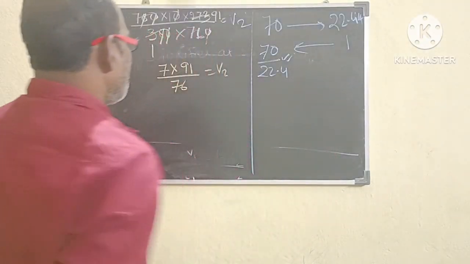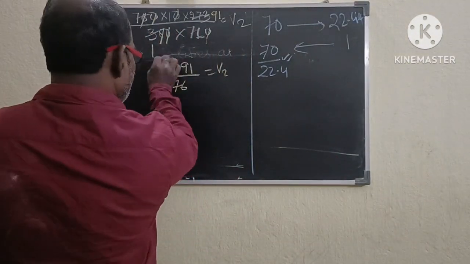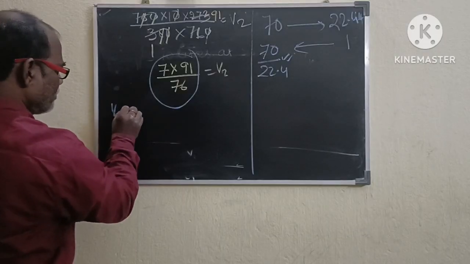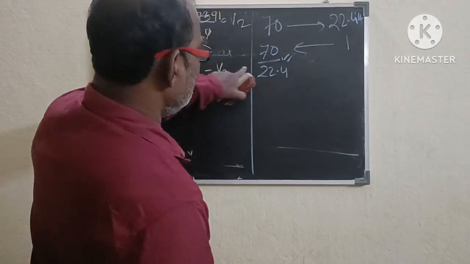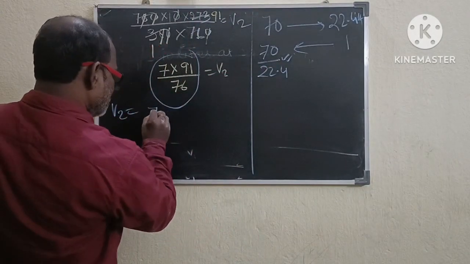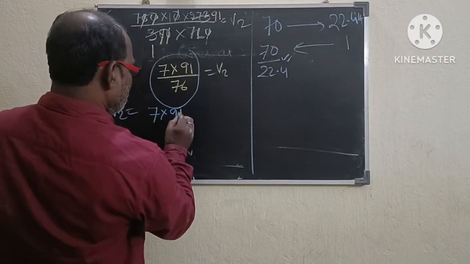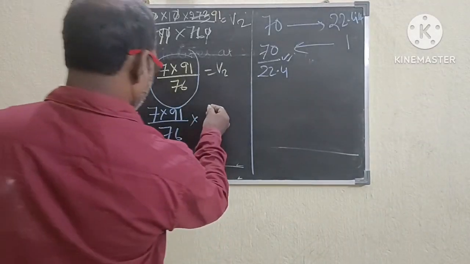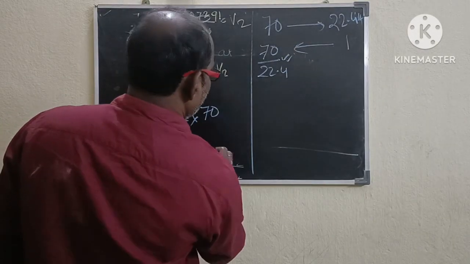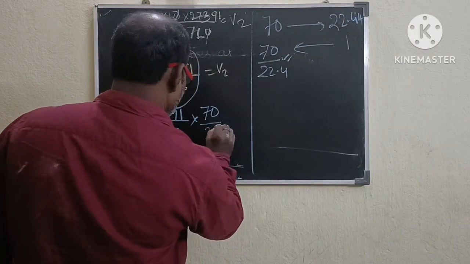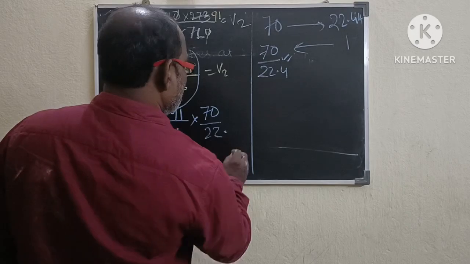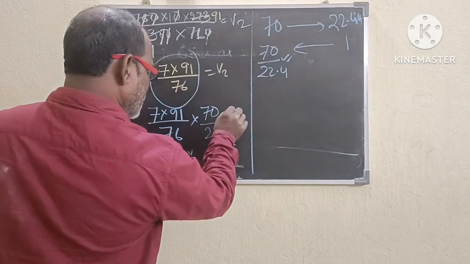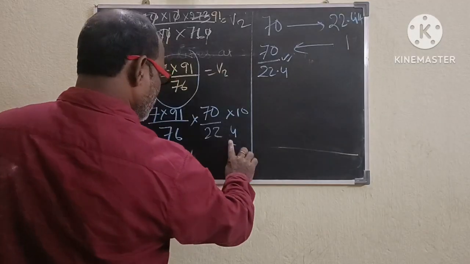So we are having how many liters? We are having this much liters. So total V2 will be equal to this much into this. That is 7 into 91 by 76 into 70 by 22.4. Clear? Now if you take a point from here, multiply by 10, no more point comes over here.